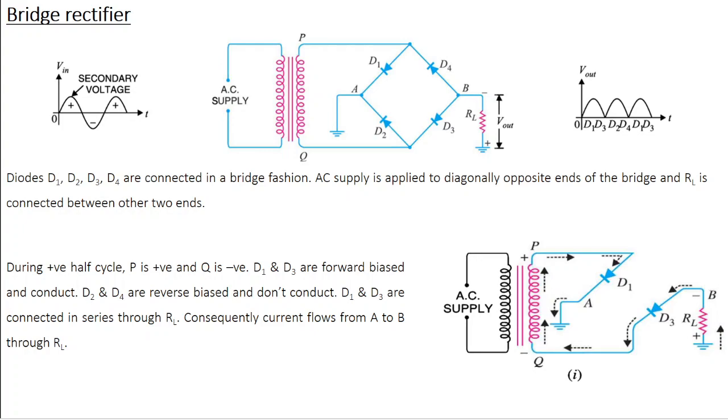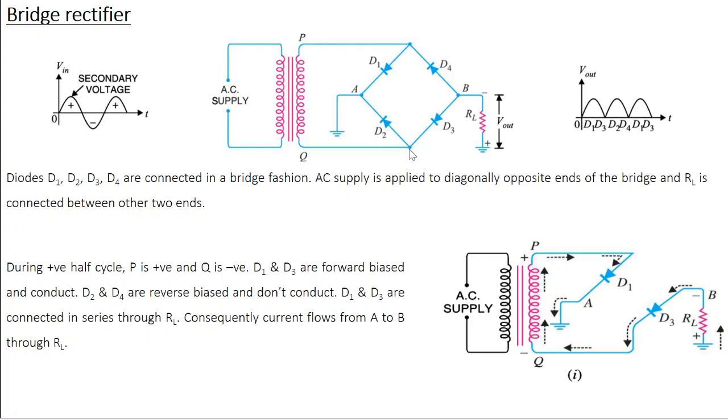Now what happens during the positive half cycle? Here the point P is positive as shown in this figure, and point Q is negative during the positive half cycle. And look at the diodes. For D1, the P side is connected to the positive terminal, so D1 is forward biased, and for D4, the N side is connected to the positive terminal, so D4 is reverse biased.